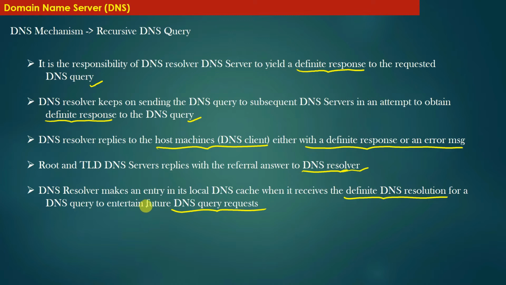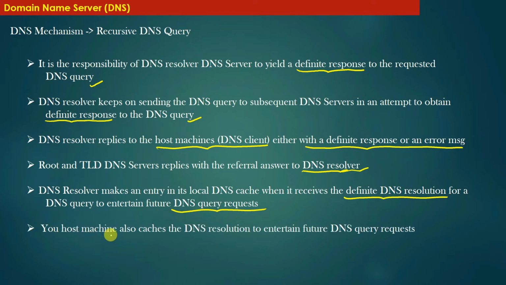So if the DNS client again issues a request for the same fully qualified domain name, and the DNS query for that request is received by the DNS resolver, it will look up its local DNS cache and find that there is an IP address already there for that particular fully qualified domain name. So instead of sending out a DNS query to the rest of the DNS system, your DNS resolver itself will reply back to the DNS client with the definite answer.